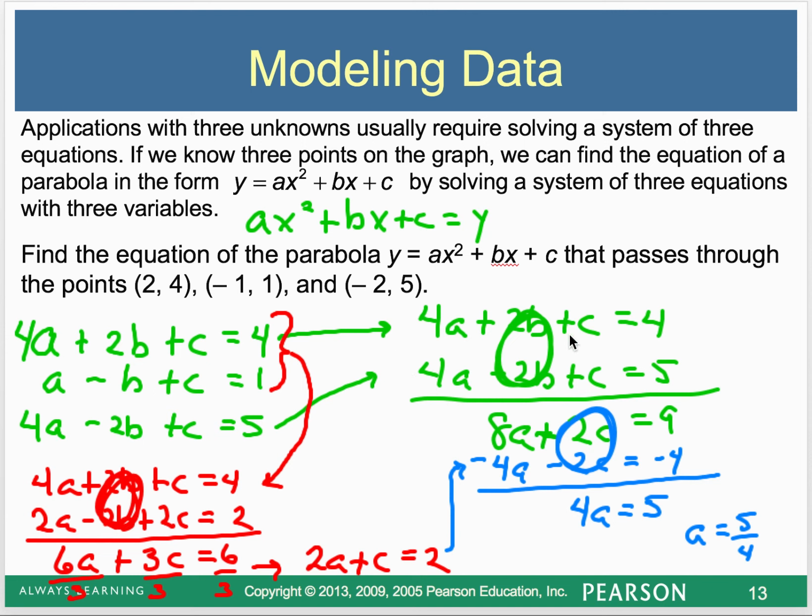So 4a plus 2b plus c equals 4. 4a minus 2b plus c equals 5. 8a plus 2c equals 9. 4a plus 2b plus c equals 4. 2a minus 2b plus 2c equals 2. 6a, 3c, 6. 2a plus c equals 2. -4a, -2c, -4. Not a mistake, it looks like, or else I made the same mistake again.